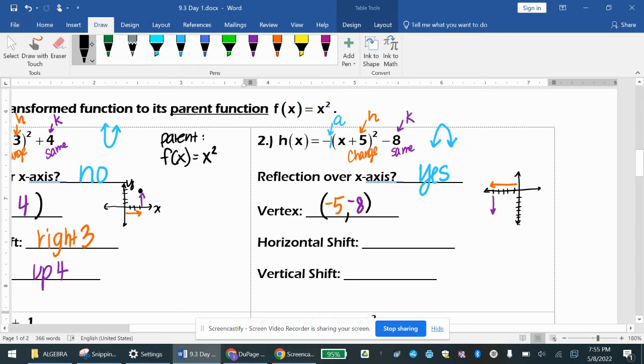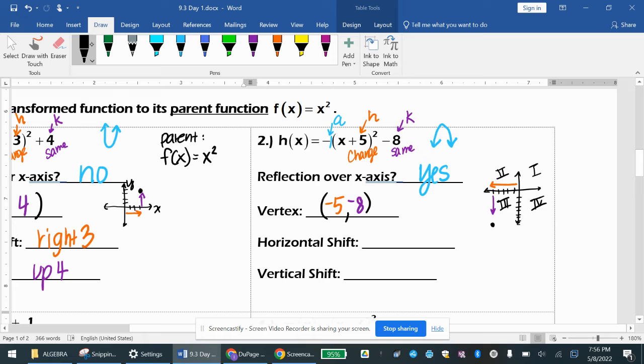Okay? That's quadrant 4, or sorry, 3. Remember, it goes 1, 2, 3, 4. So el vertex va a estar en cuadrante 3.